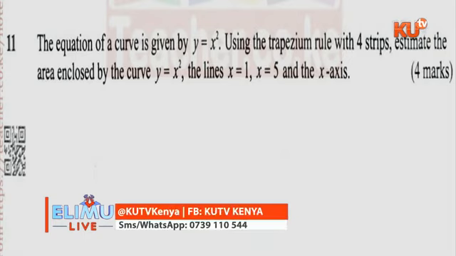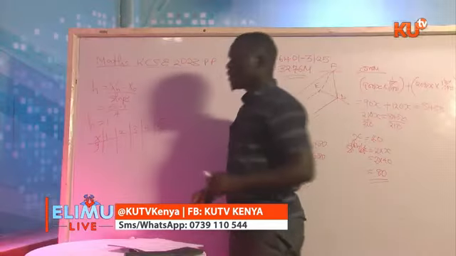After I've gotten my h, I will now make a small table of data, x and y. The first value of x is 1, and the interval is 1, so it's 1, 2, 3, 4, 5.